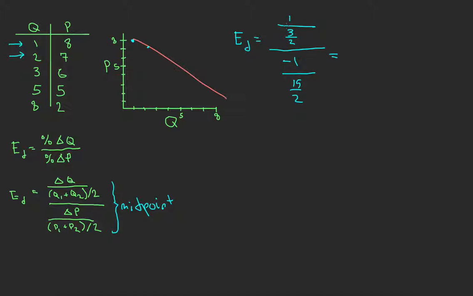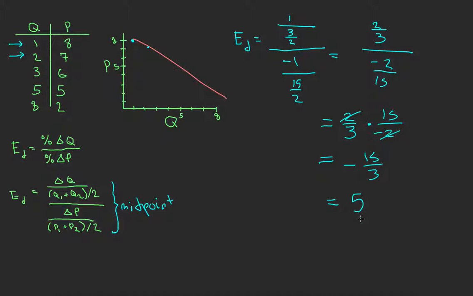And so this will flip from 3 over 2 to 2 over 3, and this will flip to -2 over 15, and that becomes 2 over 3 times 15 over -2. 2's are going to cancel. Basically, you get -15 over 3. We take the absolute value of this, and we can see that our price elasticity of demand is 5.